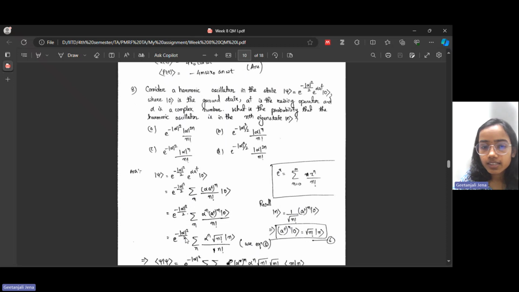psi is written as e to power minus alpha square by 2, summation of alpha to power n, root over n factorial, |n>, divided by n factorial.